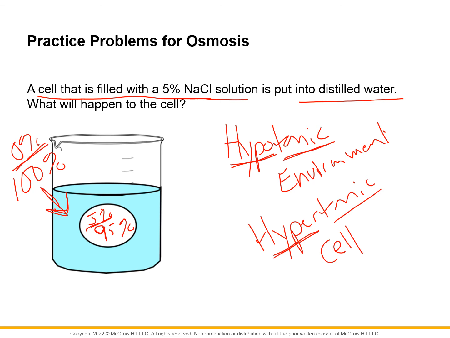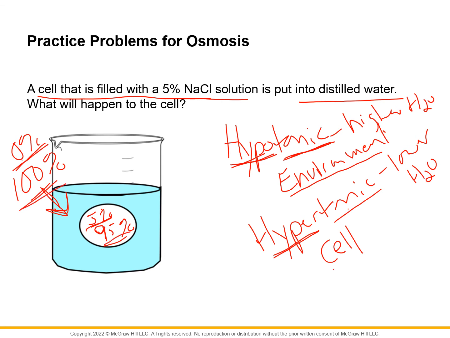Now conversely, hypotonic, lower solute means higher water. Which is higher, 100% or 95? 100% is higher, so that's still the environment. Hypertonic has higher solute, which means lower water. And which solution had the lower water? 95 is lower than 100, so it's still the cell.